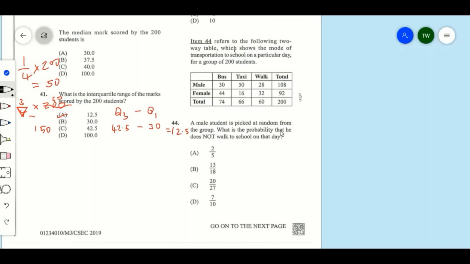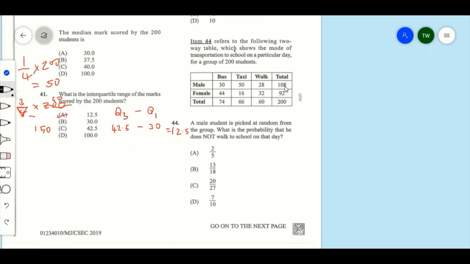What is the probability that he does not walk to school on that day? Another way to look at that, it is saying what is the probability of him riding to school. So if he does not walk to school, it means that he either takes the bus or he takes the taxi, right?